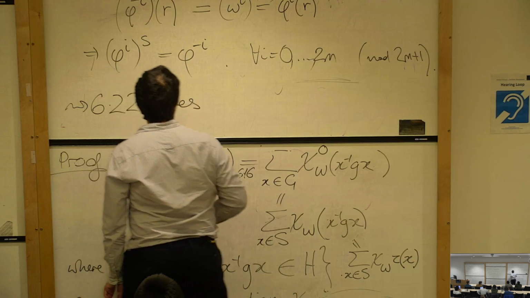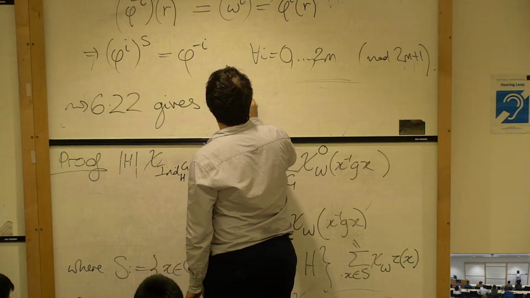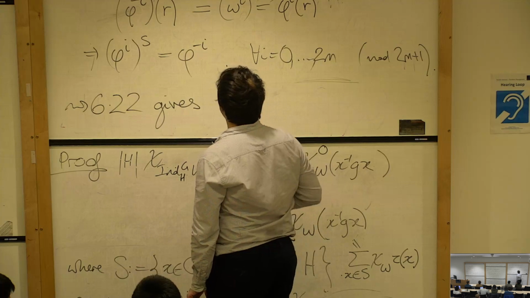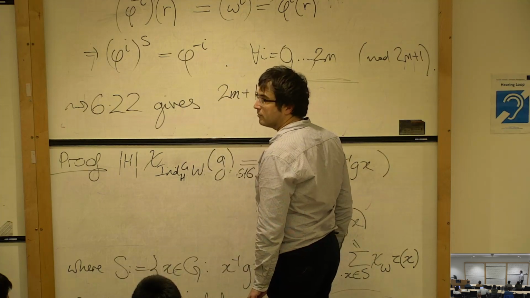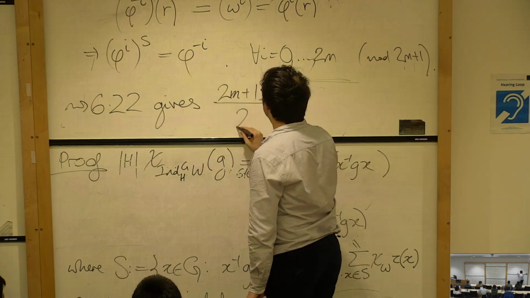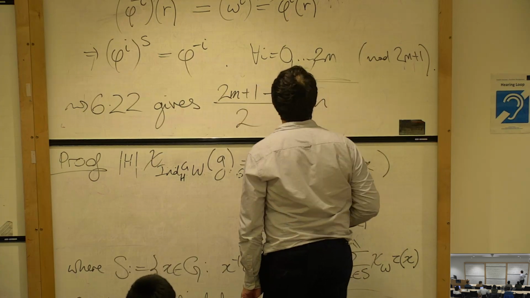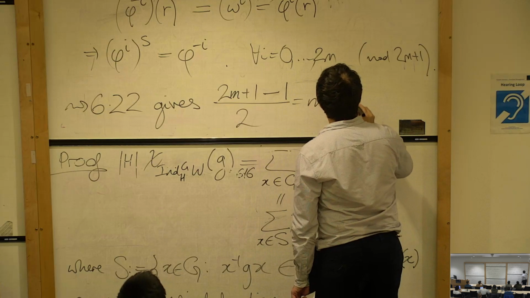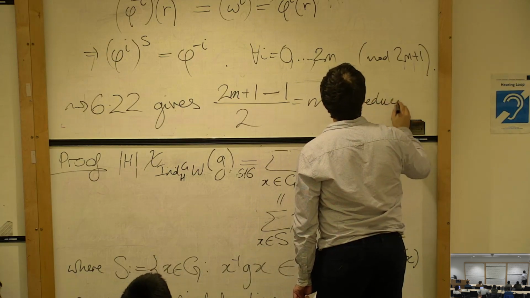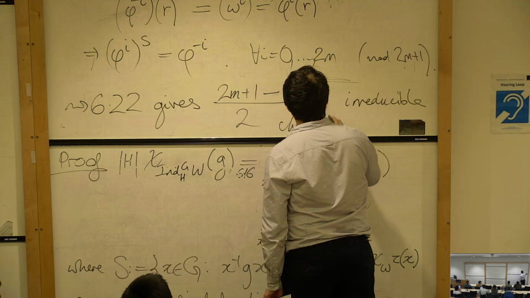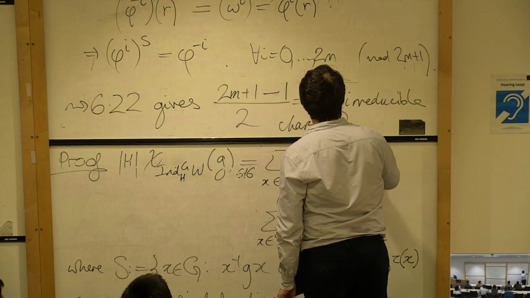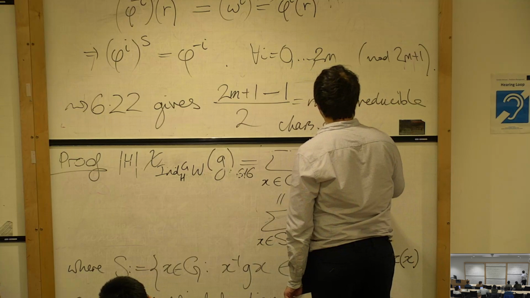How many? 2m plus 1 is the number of irreducible characters of N. Take away 1, which is fixed by the S action, divided by 2, which is m, so m irreducible characters of G of degree 2.